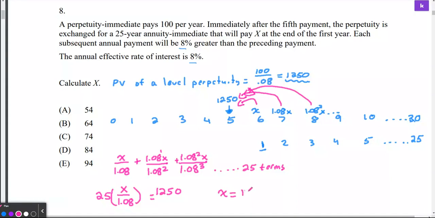X is going to equal 1250 times 1.08, and then we have to divide by 25. So we have it all in one expression. Let's go ahead and solve it.